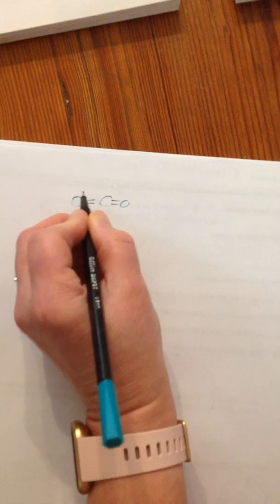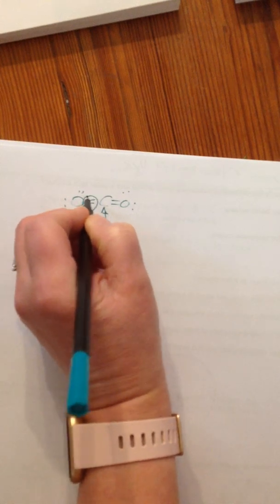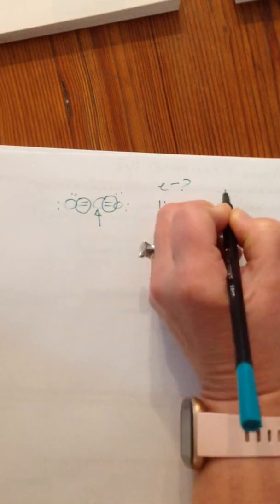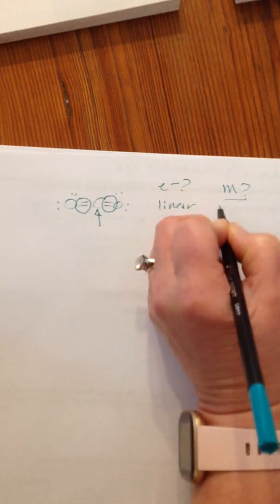Carbon dioxide should have a Lewis structure like this. We look at the carbon in the middle. Here's one area of electron density. Here's another area of electron density. So our electron geometry is going to be linear. The molecular geometry is also going to be linear.